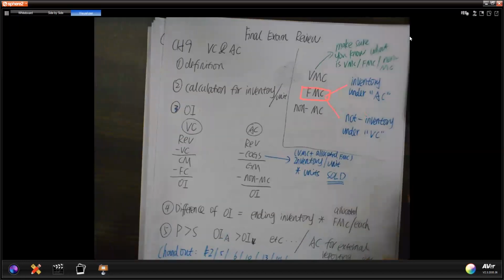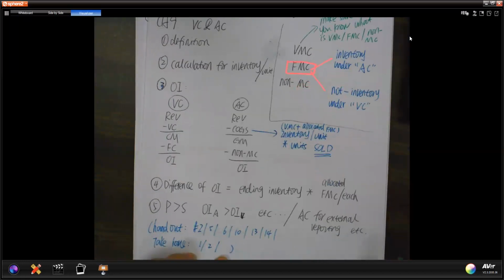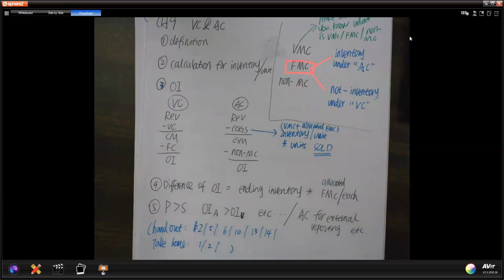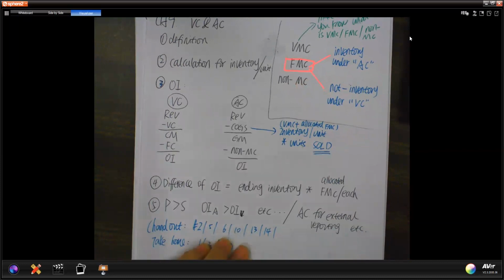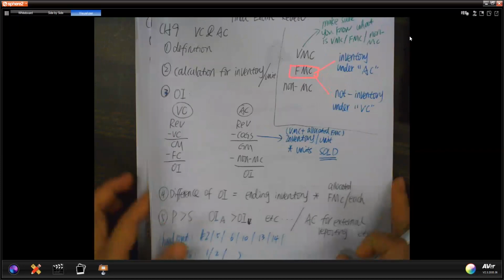So I go through each question, I think about those, how can I combine them together, you know, and then how can I adjust, change some numbers, and then make them to be in your final question. So those questions will not be directly in your final, but you will definitely see similar questions with different numbers, maybe different situation. I think that's all I want to say.